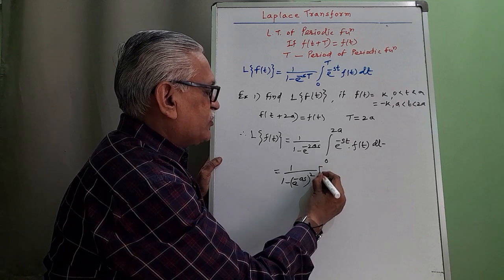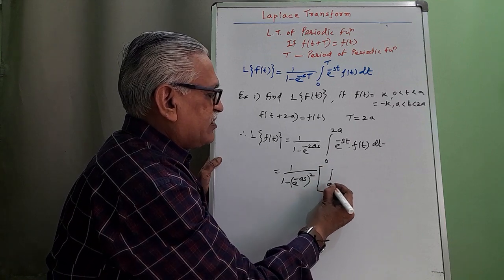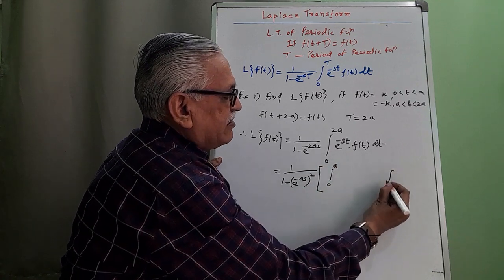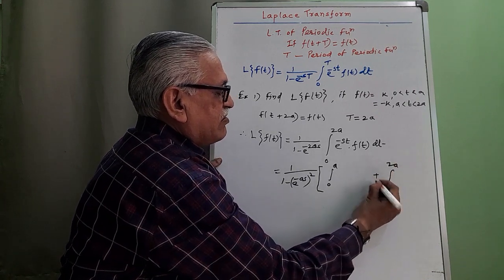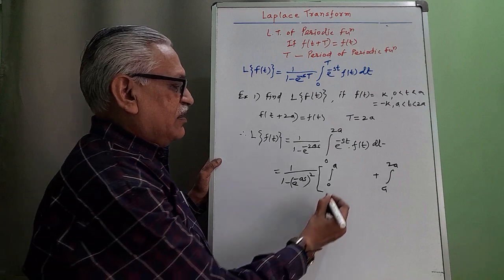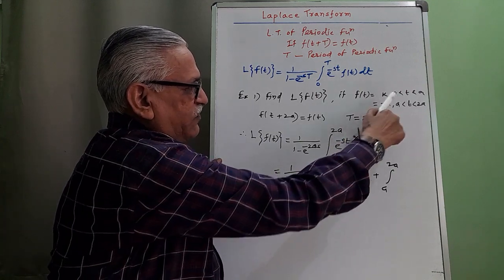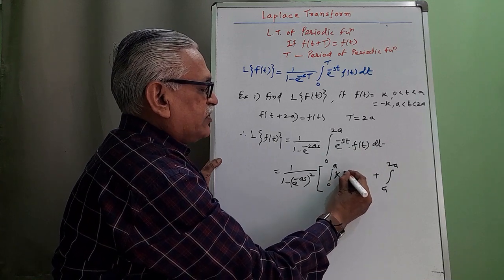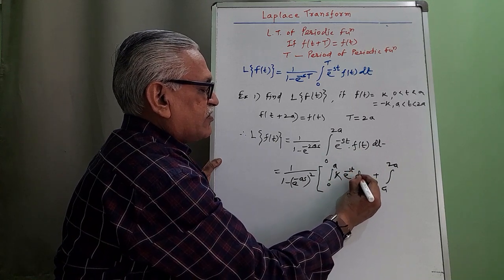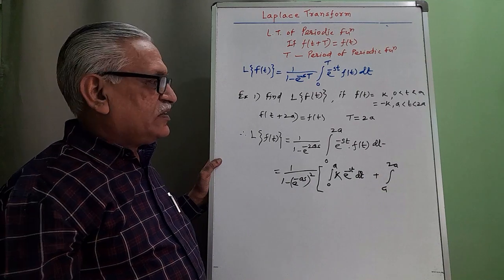Then we split that integral as 0 to a and then a to 2a. In between 0 to a, the value of that function is k, therefore f of t is k here into e raised to minus st with respect to t.